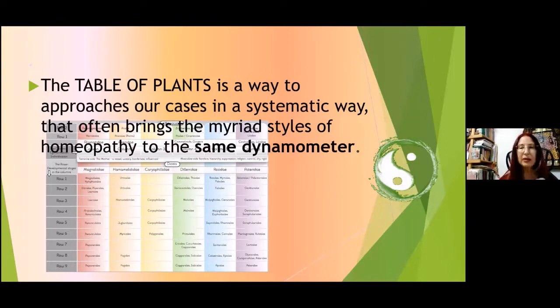So it is just an approach for understanding. It's like, oh, that's how I'm looking at it. It brings the myriad styles that we now have in homeopathy to the same denominator, the same common ground.